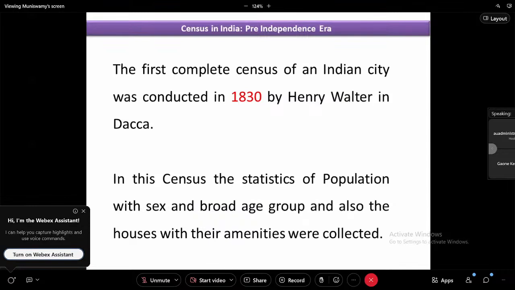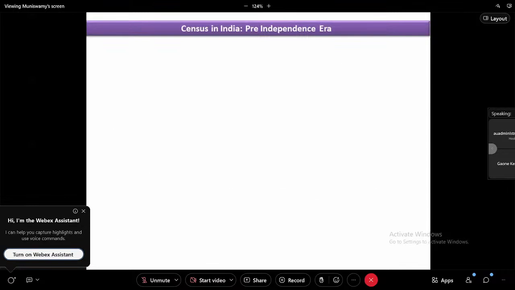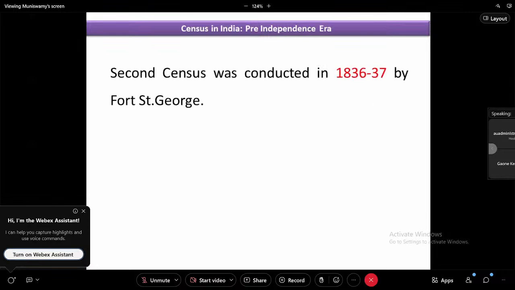Any administration needs survey data. Now, the second census was conducted in 1836-37 by George.